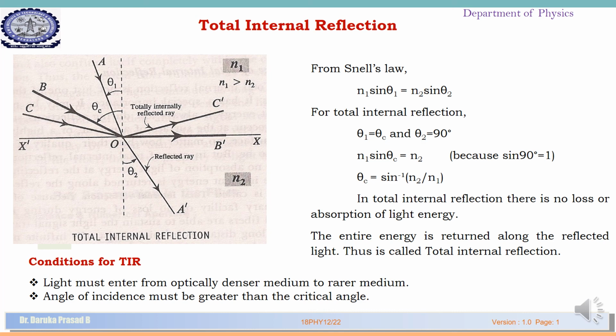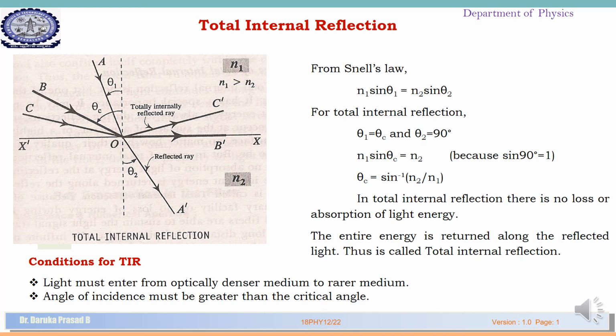Now when light travels from denser to rarer, since the light ray bends away from the normal, there comes a situation like BO. When a light ray passes through B to O, then what happens? Here is the angle theta c. That means for a particular angle of incidence theta c, the refracted light OB dash just grazes the surface.